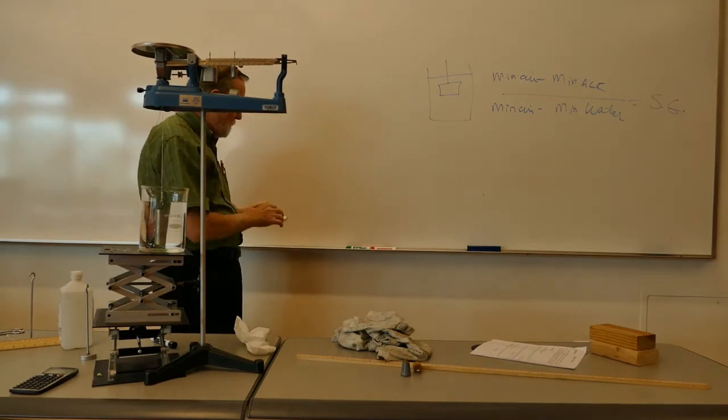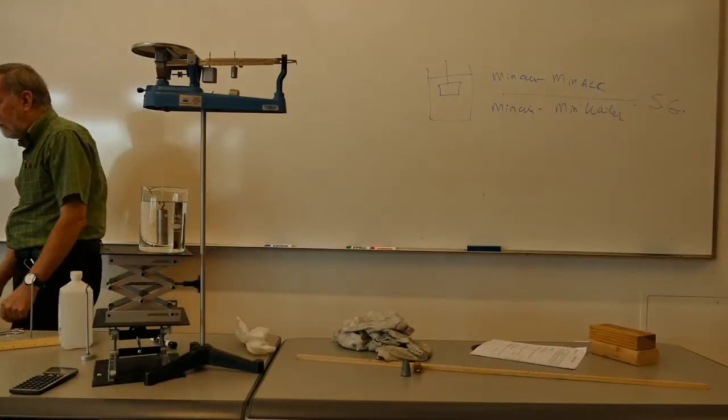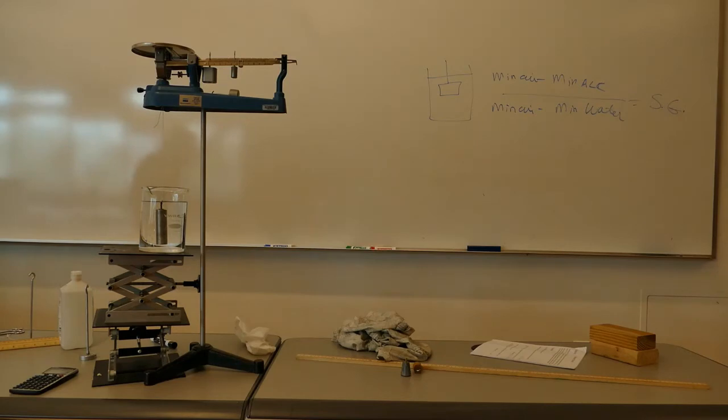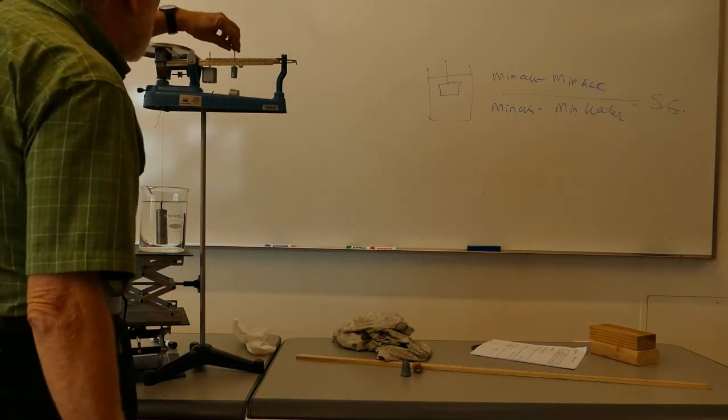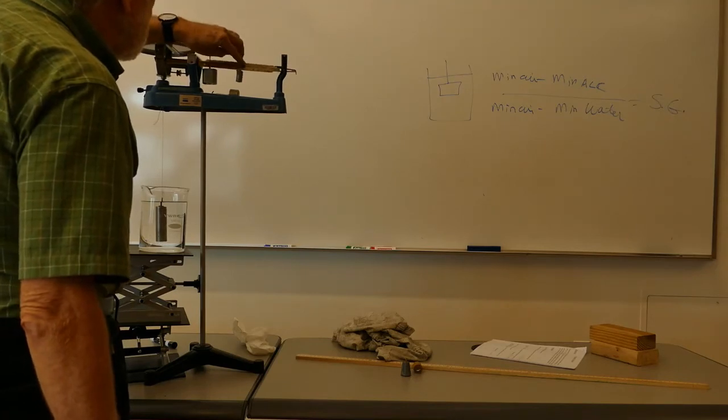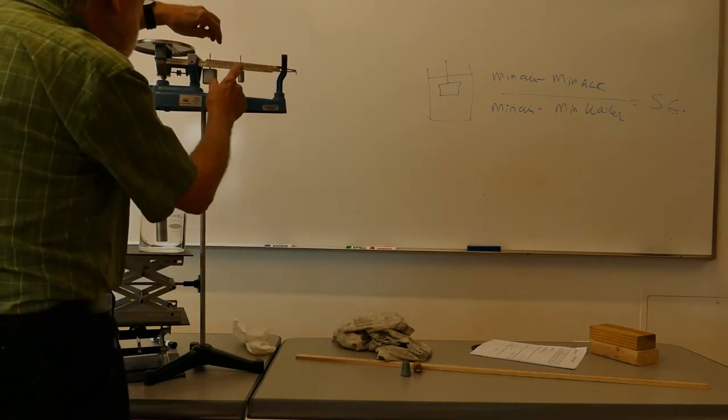Should it be more or less than in water? Well, it's displacing the same volume of alcohol, but alcohol is lighter than water. So I'm saying it's going to have less buoyancy force. It should be greater than it was in water. So let's measure the weight in alcohol.